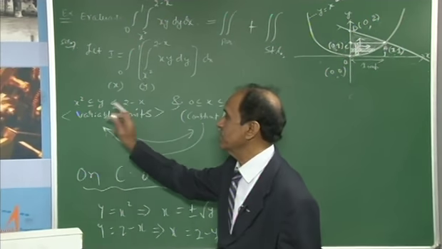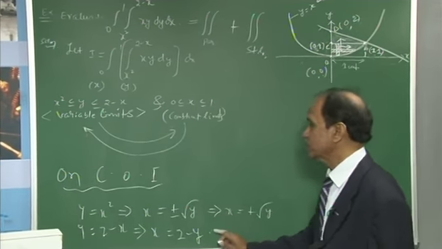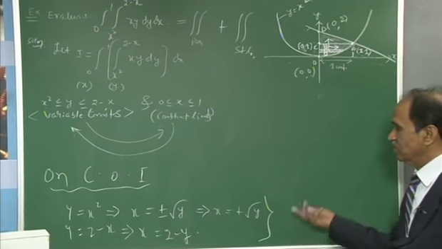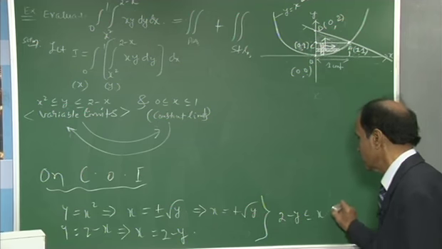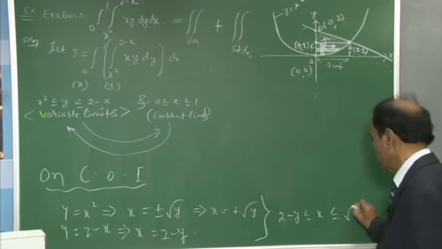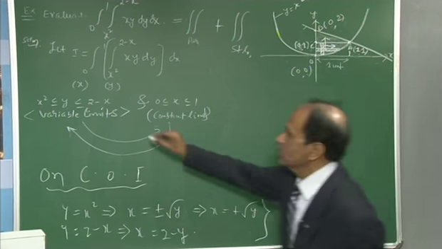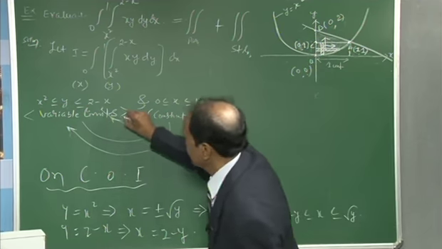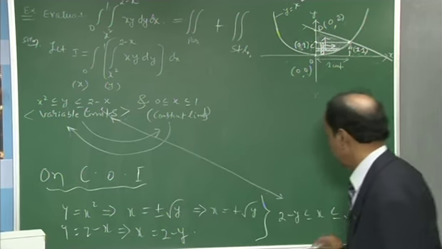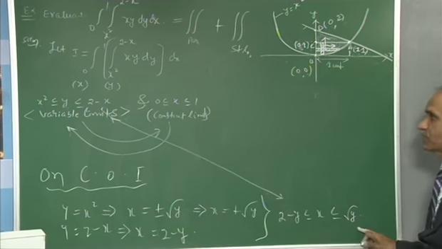Earlier we had variation of y, but now we have variation of x. You can easily make out 2 minus y less than or equal to x less than or equal to root y. So, you can make a connection between this set and this set. These were for y and these are the new limits, that is for x.